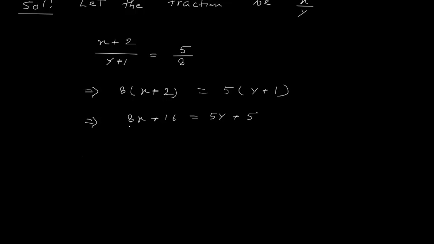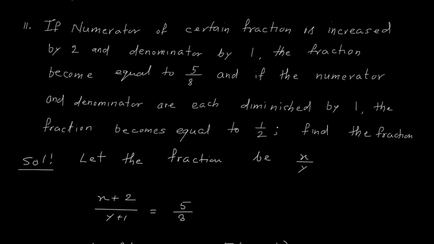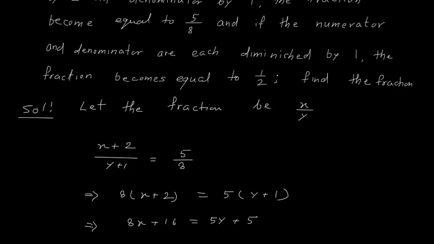This implies 8x minus 5y is equal to 5 minus 16. This implies 8x minus 5y is equal to minus 11. So this I will consider as equation 1. Now the second condition is, if the numerator and denominator are each diminished by 1, the fraction becomes 1 by 2.